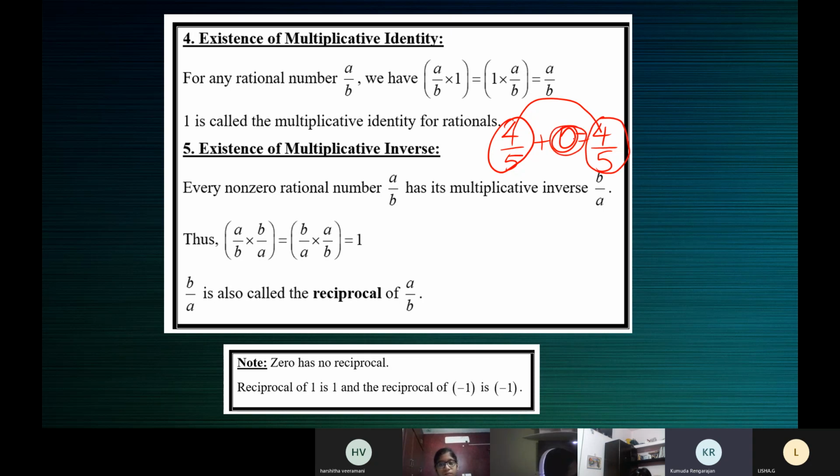So 0 is called the additive identity because you're getting the same identical answer.